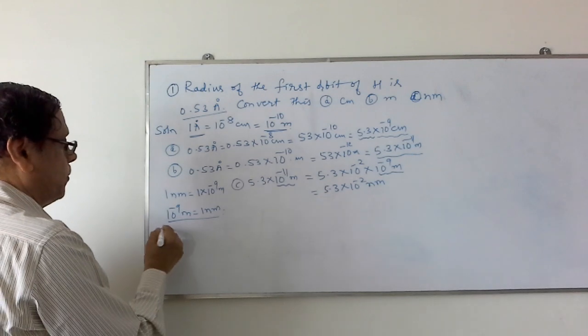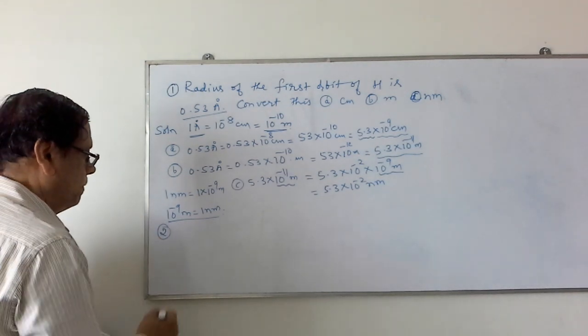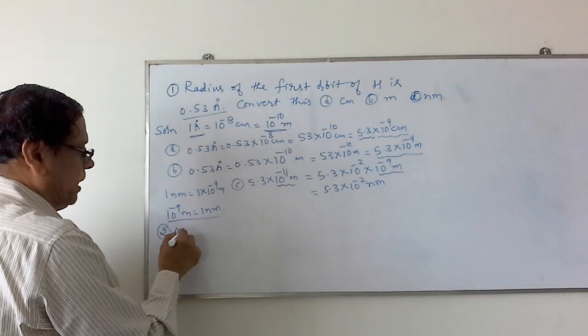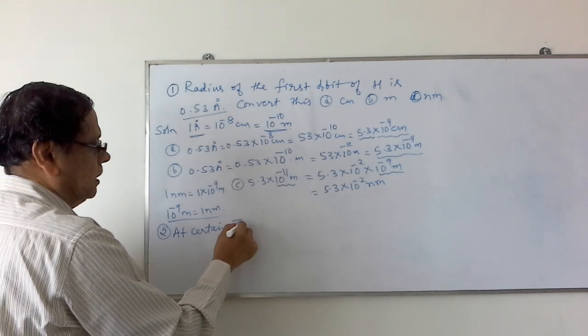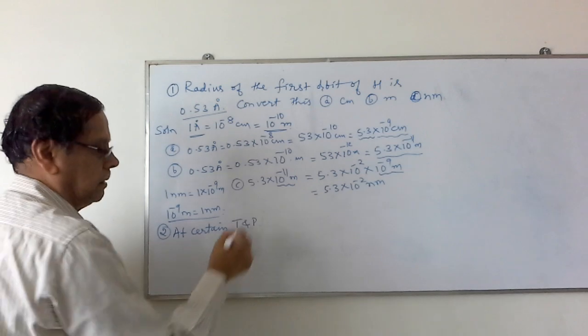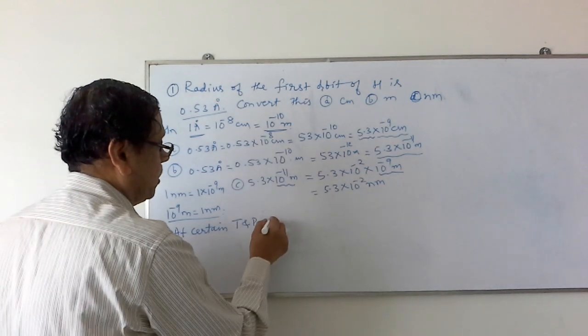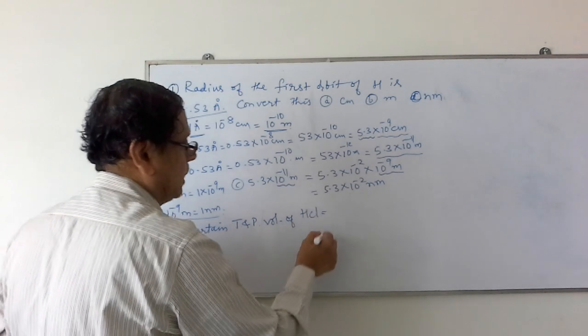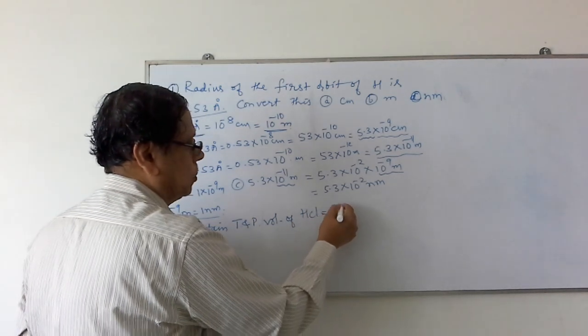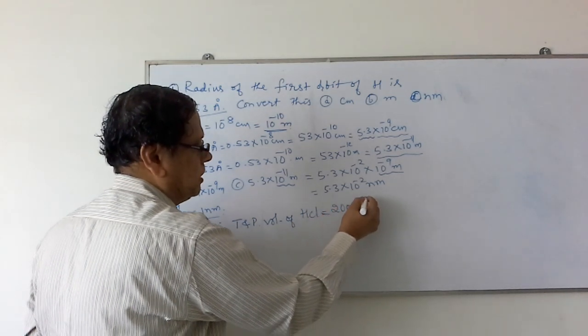Then coming to the second numerical. At a certain temperature and pressure, the volume of HCl gas is found to be 200 cm3.